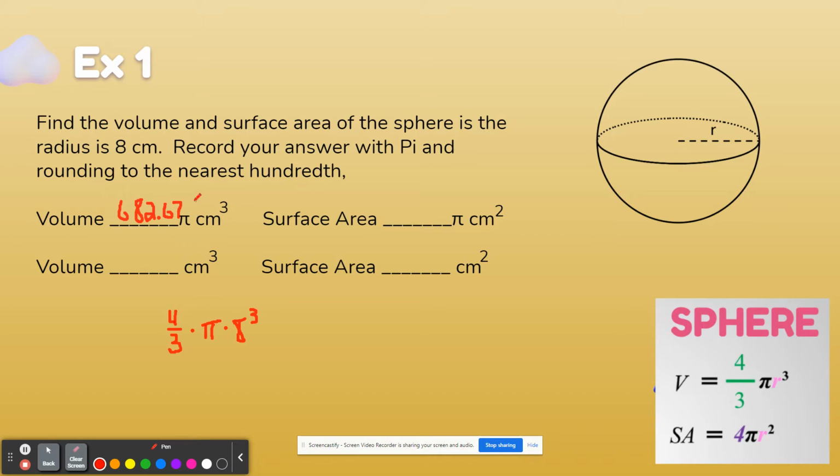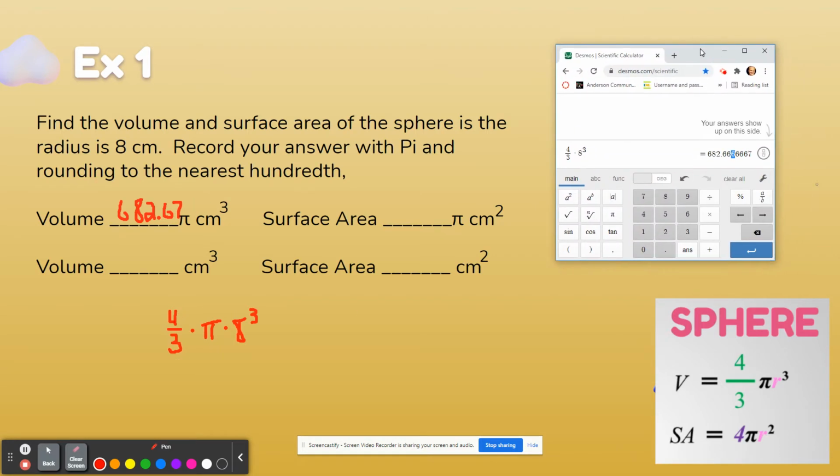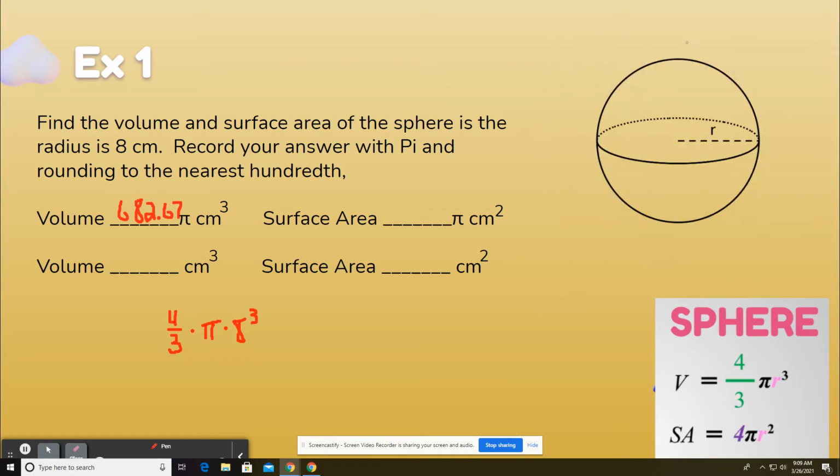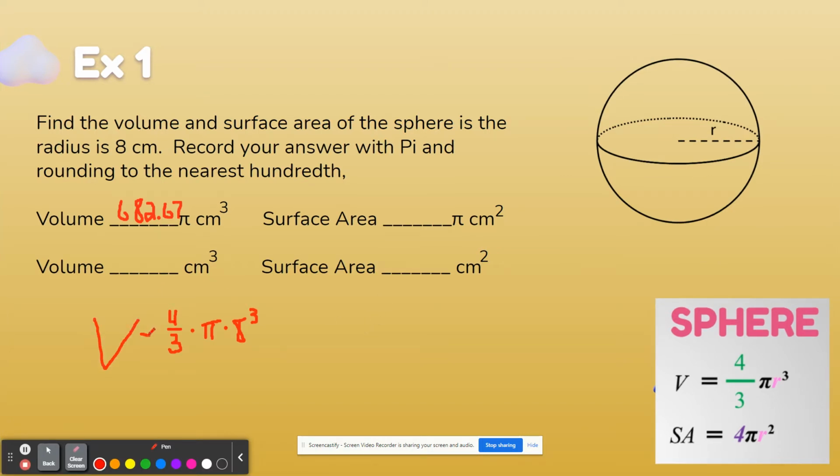Now that would be the volume. Now, if we do the same thing for the surface area, we're talking about doing 4 times pi times the radius squared.